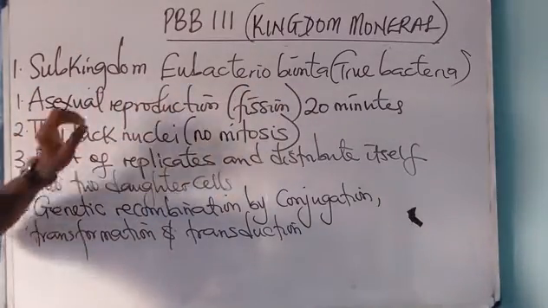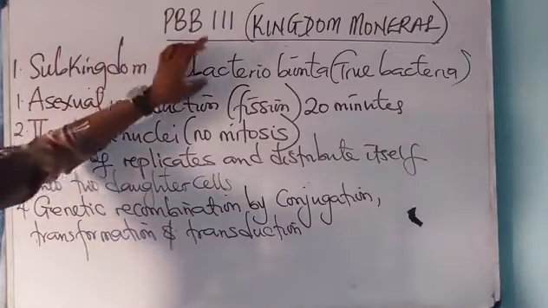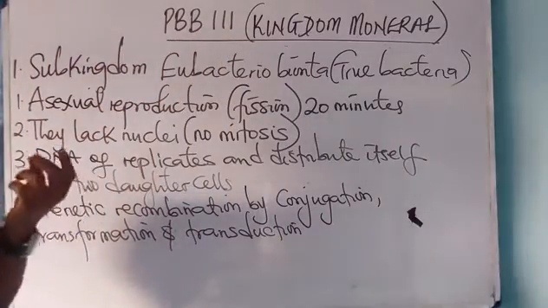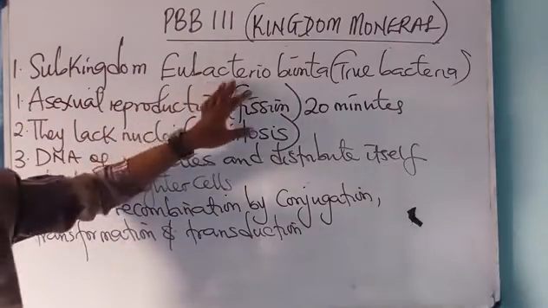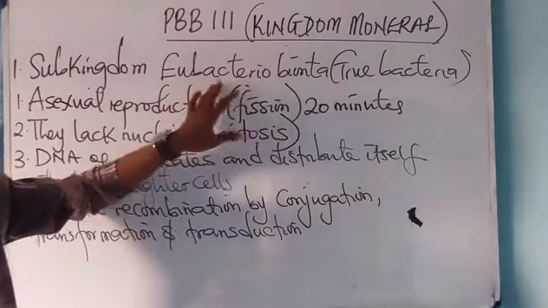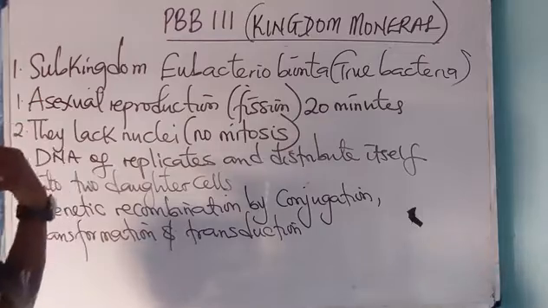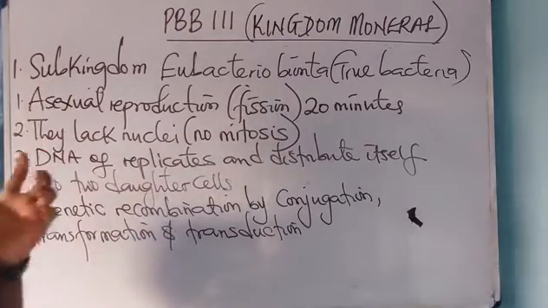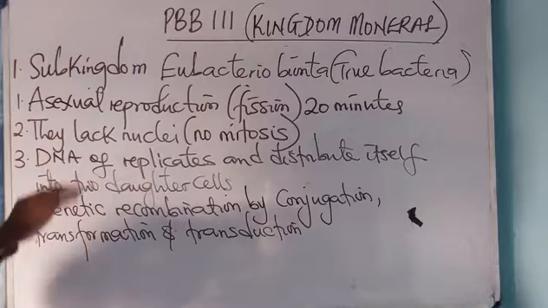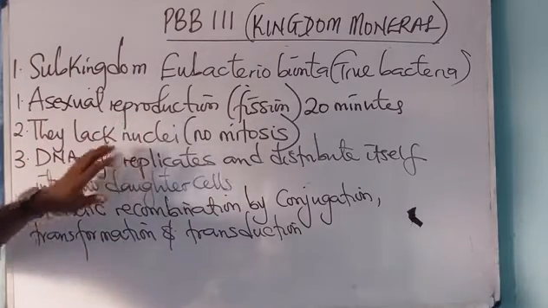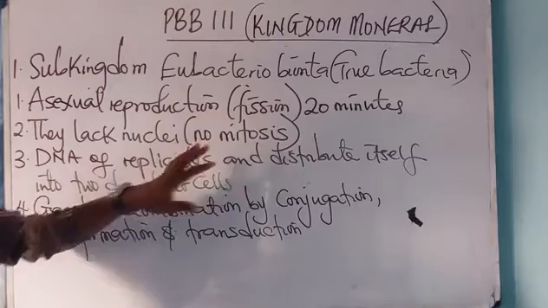Now, of course, this subkingdom Eubacteriobionta has a division called the Eubacteria. So, to recap: asexual reproduction, they lack nuclei, so no mitosis.